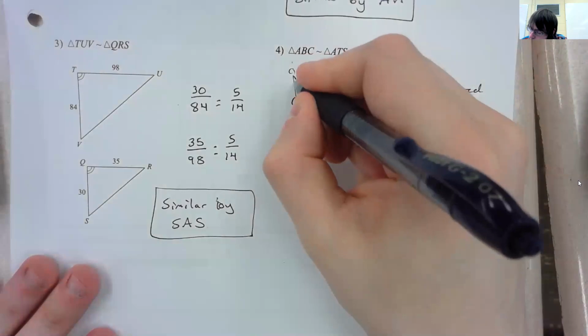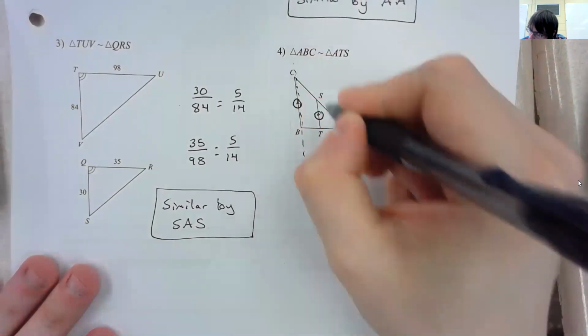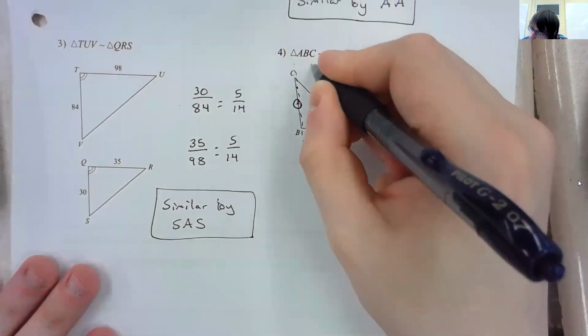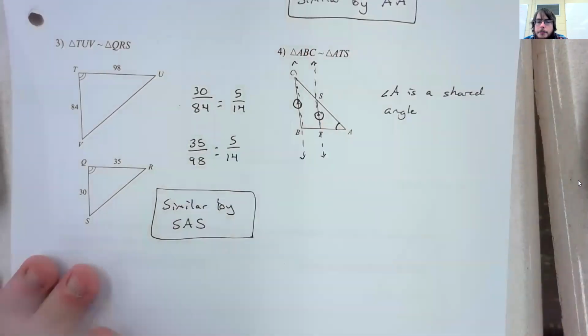So if we extend these lines out, now this one's going to be different because this time we're not going to be looking at alternate interior angles. We're actually going to be looking for pairs of corresponding angles.